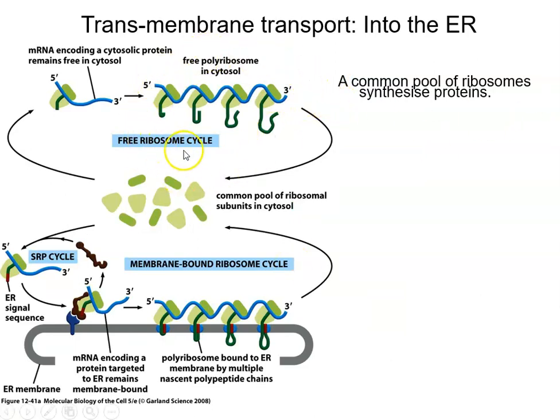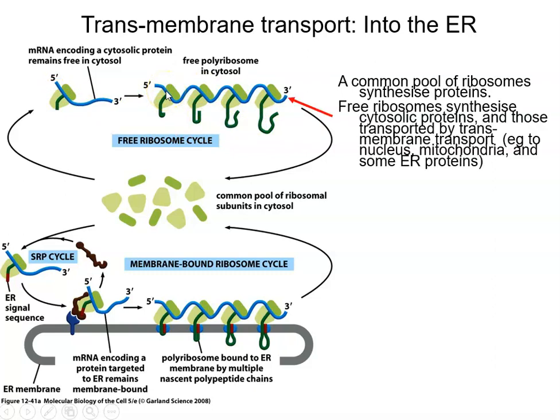This is the free ribosome cycle. This is where an mRNA is picked up by a ribosome, and then that ribosome will allow translation of that mRNA, and we get an extending polypeptide chain coming off that ribosome.